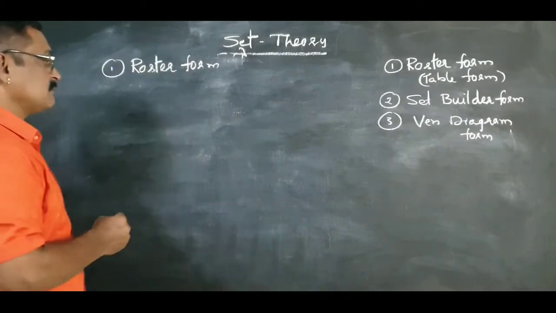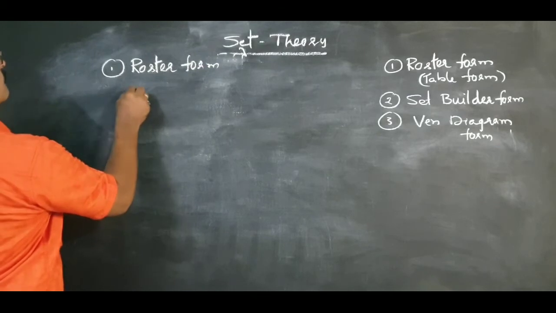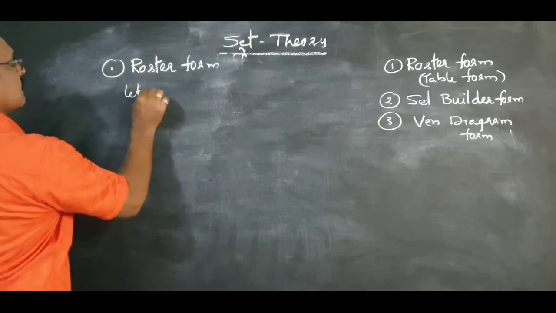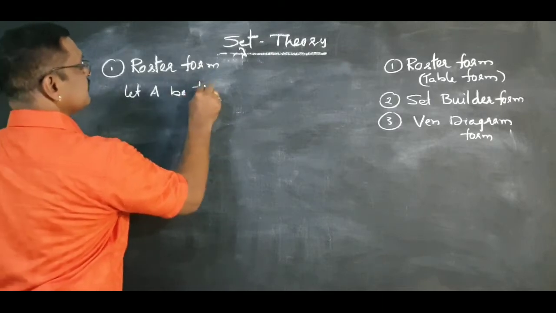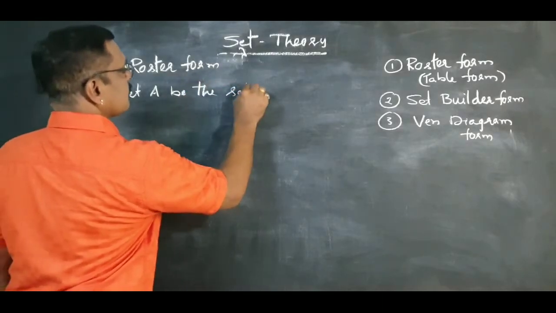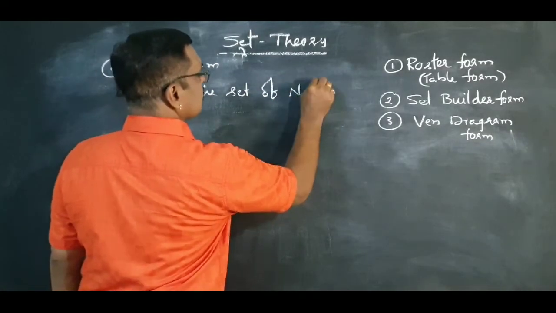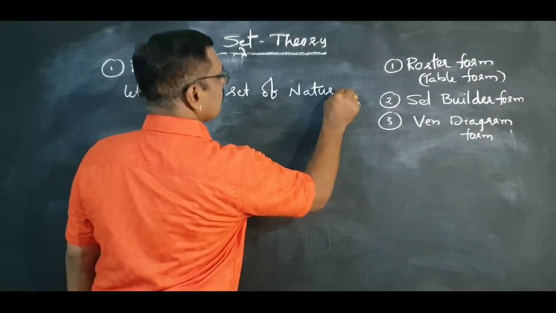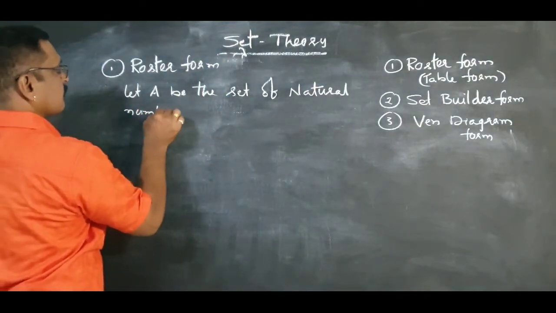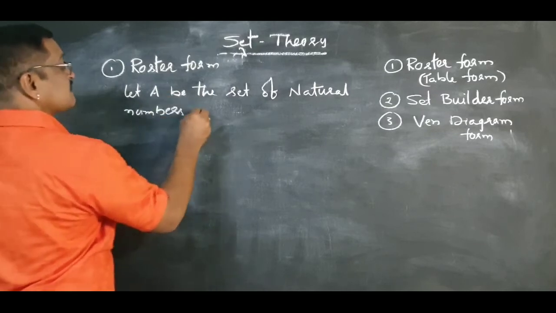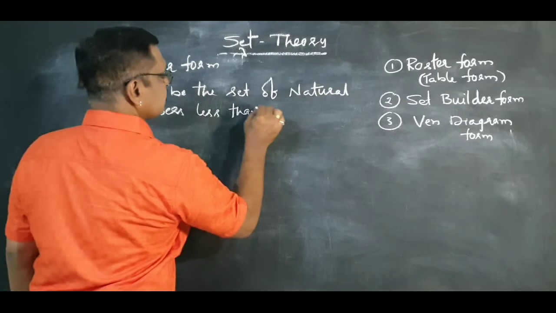For example, let A be the set of natural numbers less than 6.